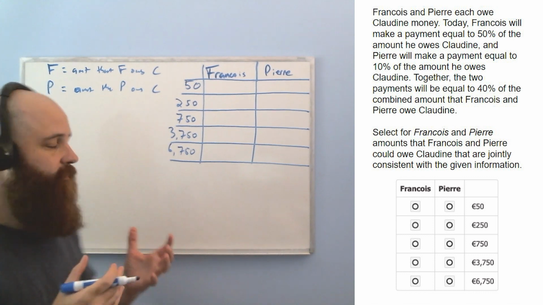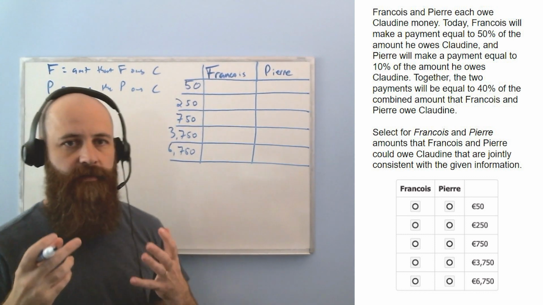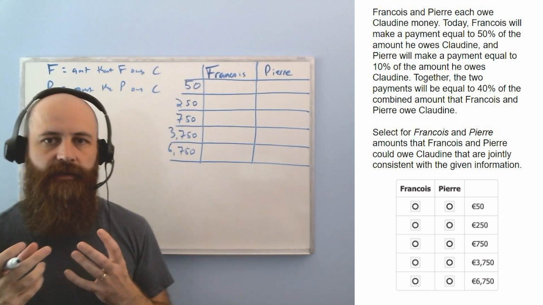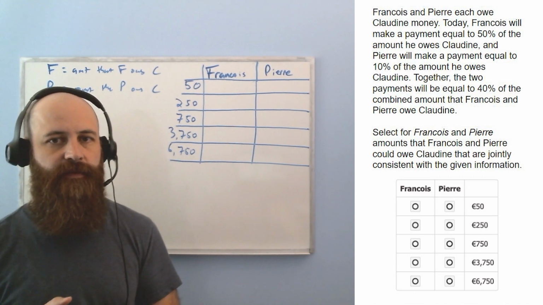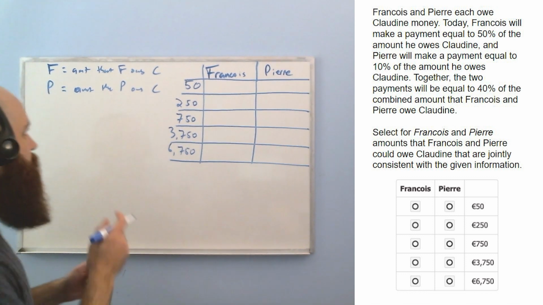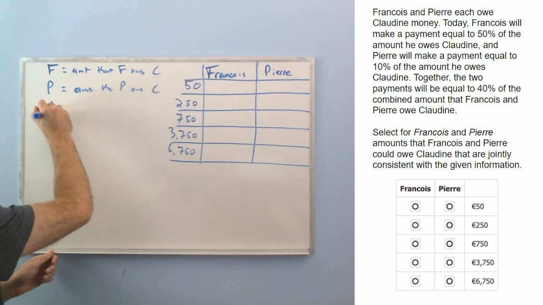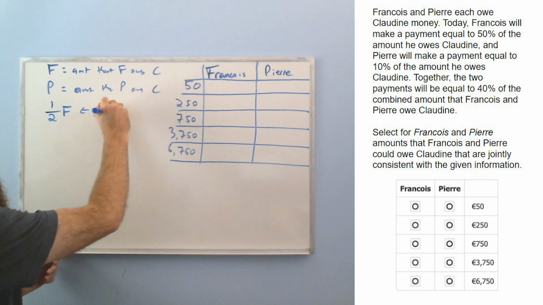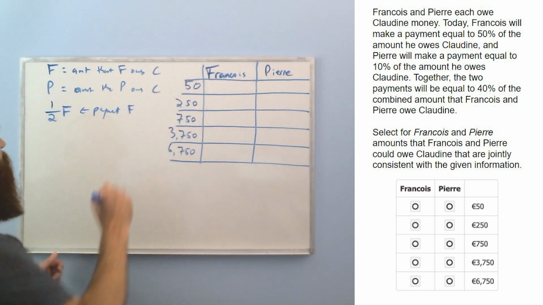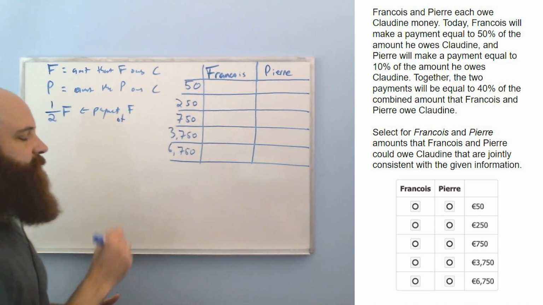Okay, now I'm anchored with some variables. I've got F and P, I'm clear on what they mean, so now I can start doing some translations. Francois will make a payment equal to 50% of the amount he owes Claudine. Okay, so the payment that Francois is going to make is equal to 1/2 F. That's the payment of Francois.